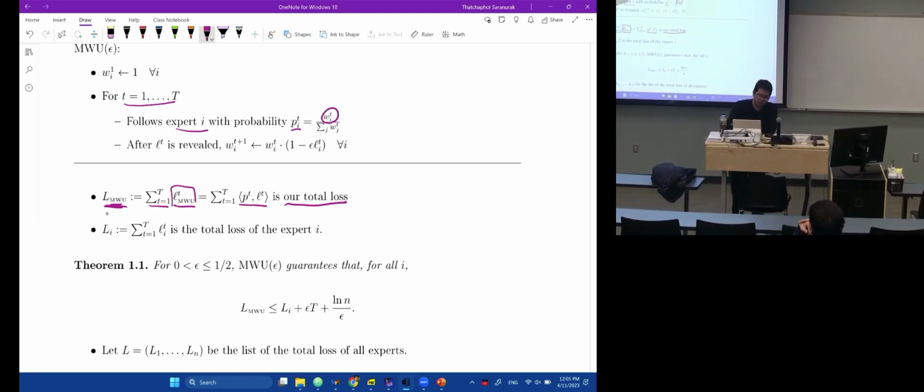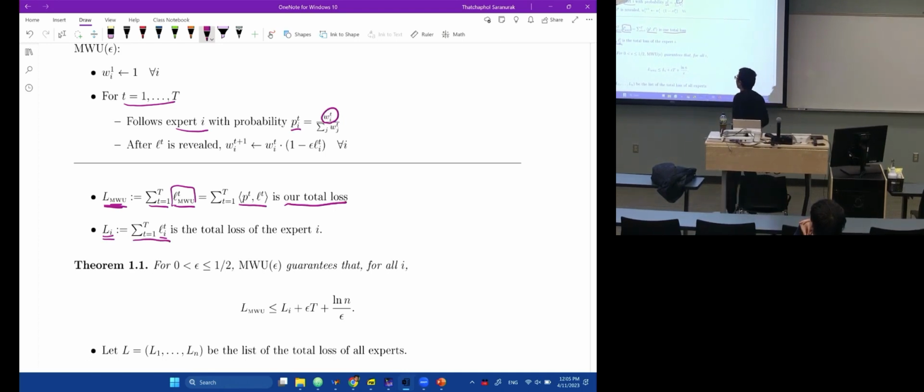And we want to say that our total loss, compared with any expert i, is small. The total loss of expert i, which I'll call Li, is the sum of the loss of expert i on day t. That's the total loss of expert i.